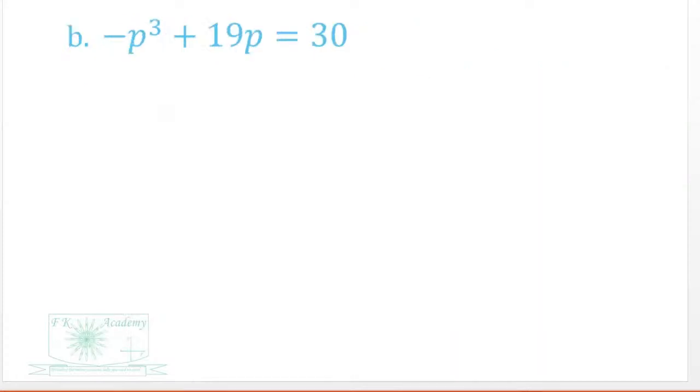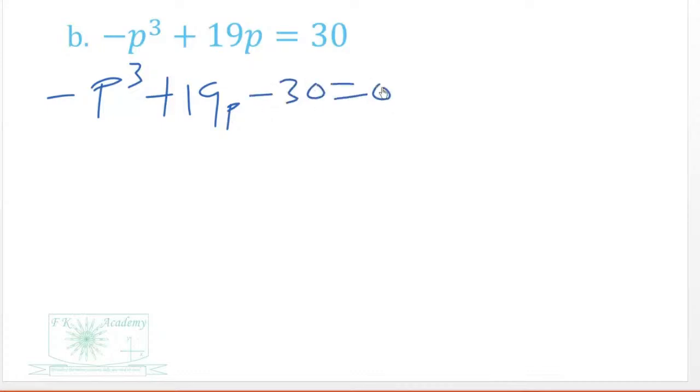Let's rewrite this one too in standard form. So we have minus p cubed plus 19p minus 30 is equal to 0.